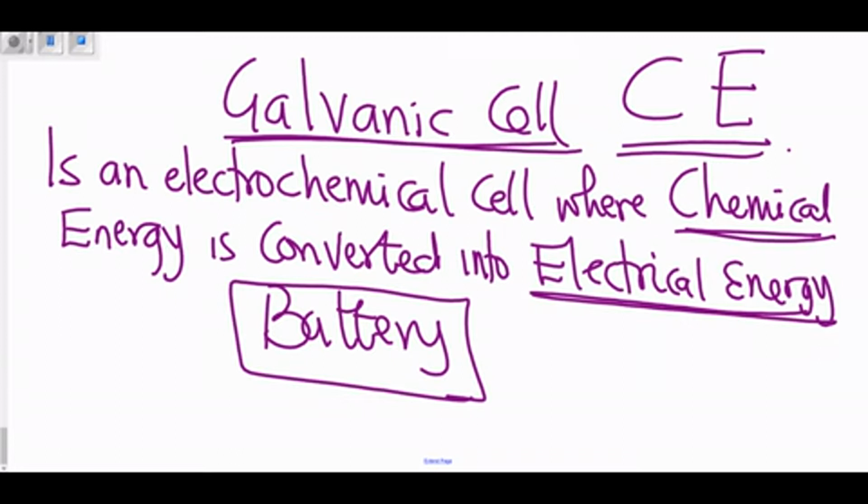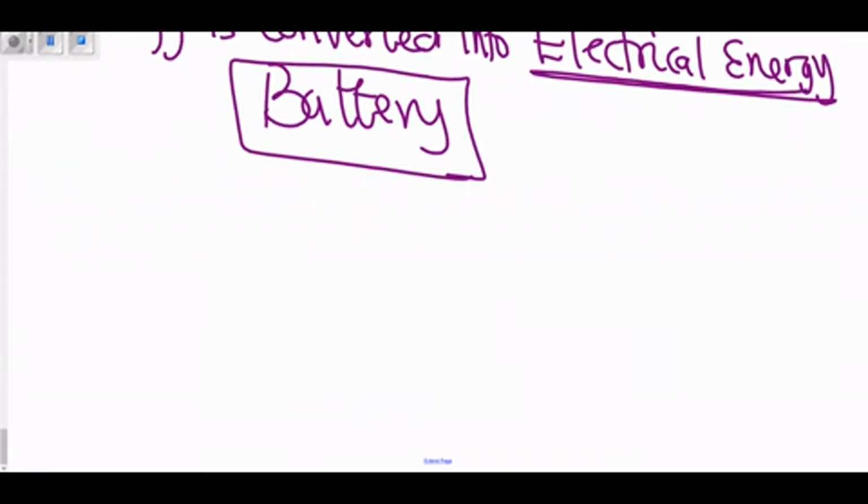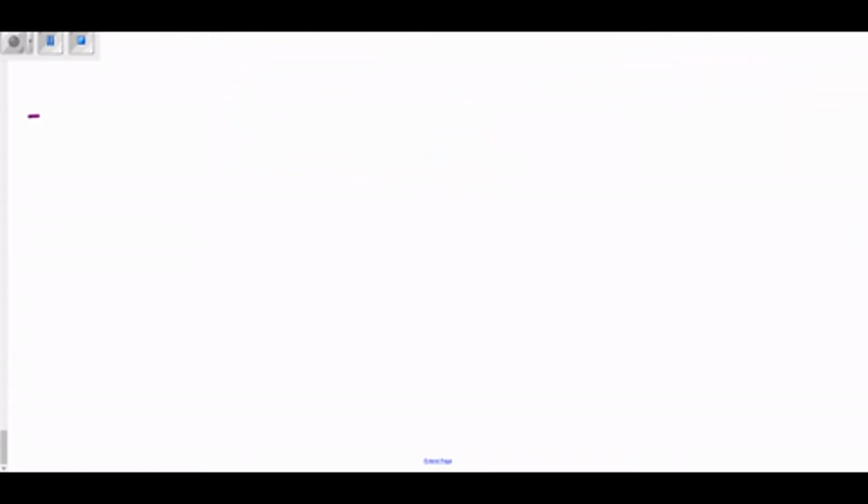We're going to come up with a code as we go on later. I want us to understand what a galvanic cell is made up of, and then we will do a few further explanations. A galvanic cell is made up of what you call half cells.